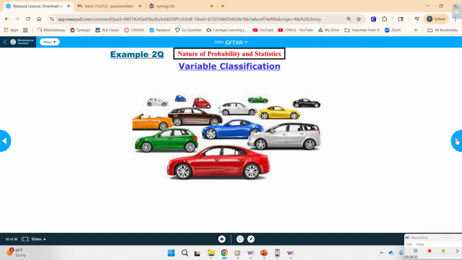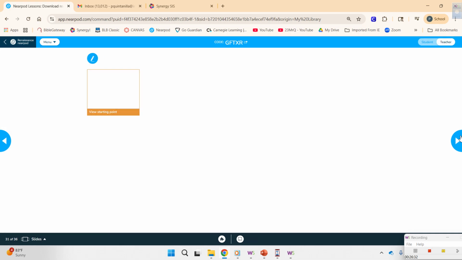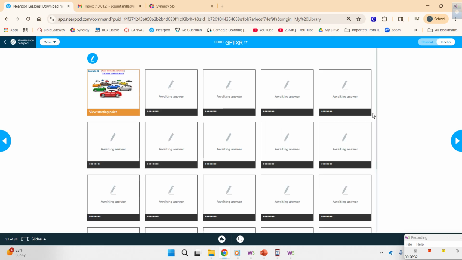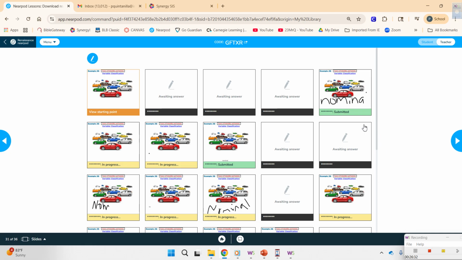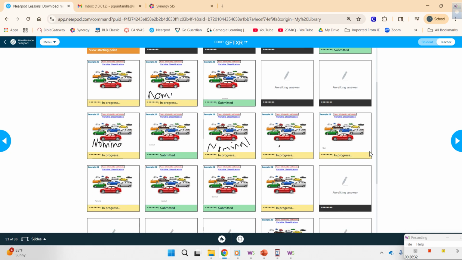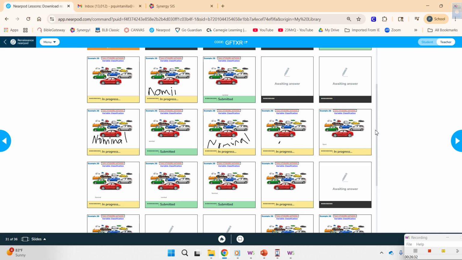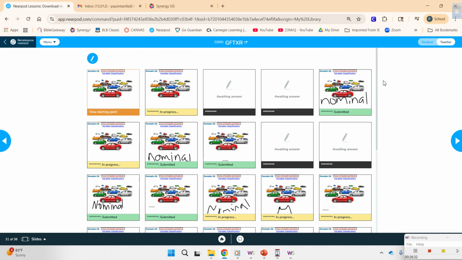All right. Go to the next one. Look at this one. What kind of classification is that? Tell your neighbor and write it on your screen. Now, at first glance, I see a lot of you writing nominal, and I would take that because it's just the colors, different colors.